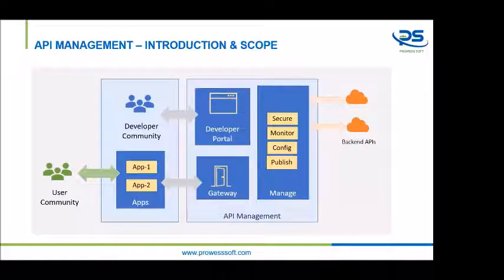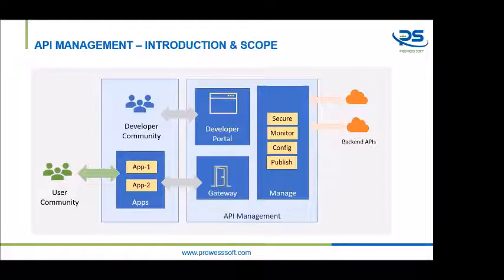You will see that the API management is interacting with backend APIs. These backend APIs could be in the form of regular web APIs that we talked about, or it could be various other offerings. If you would go with Azure, for example, apart from using a backend API for your interaction, it will also allow you to use the Azure deployed functions that you could actually use as a backend API.